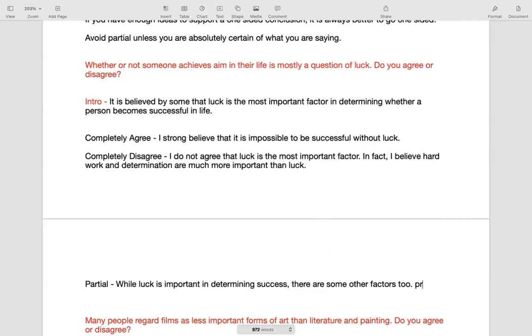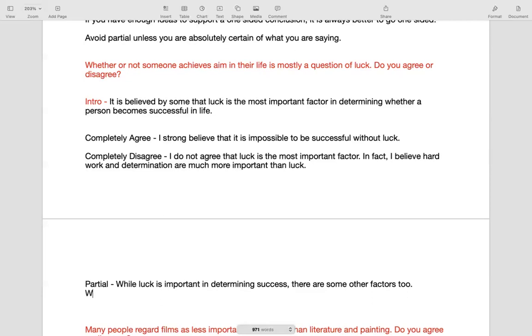While I agree that luck is necessary to achieve something in life, I cannot deny that other factors like hard work, dedication, and patience are important.